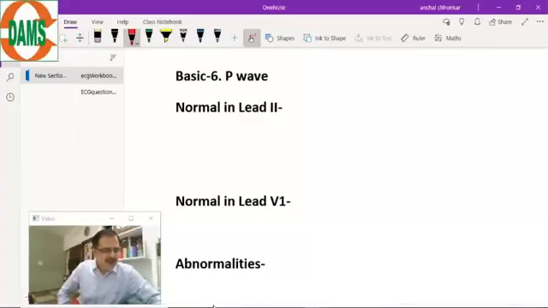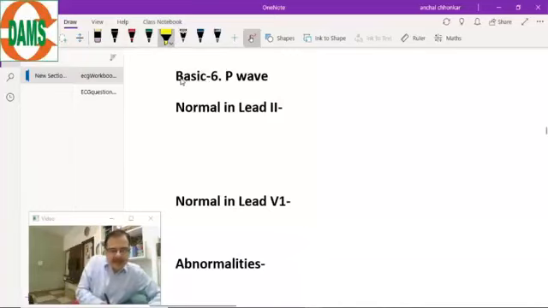So the next basic is the P wave. Now we come to the different waves. So we'll discuss a normal P wave. The P wave, basic number 6, normal in lead 2.